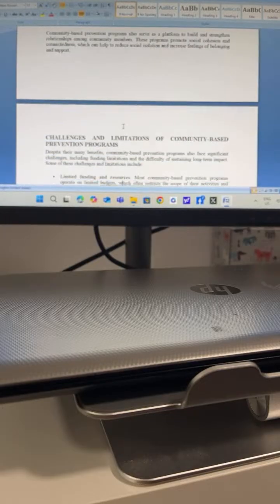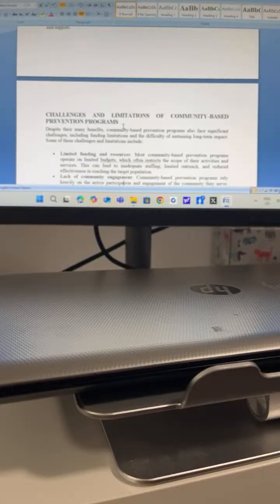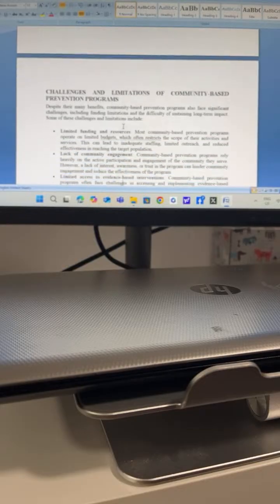Challenges and limitations of community based prevention programs. Despite their many benefits, community based prevention programs also face significant challenges, including funding limitations and the difficulty of sustaining long term impact.